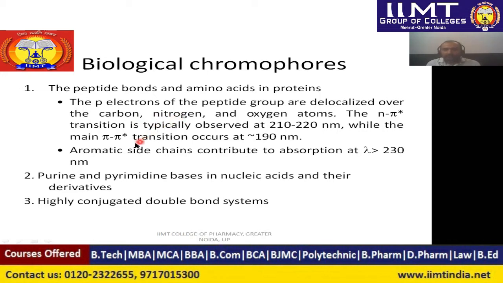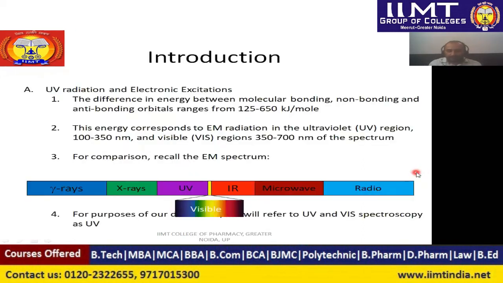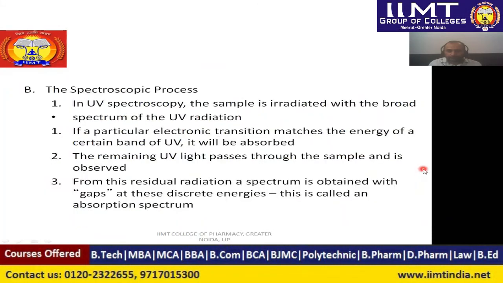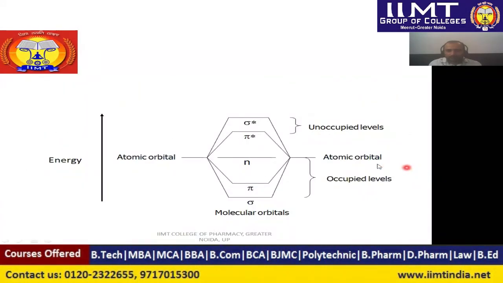Now again, if you go back to your school level, you must have heard about the pi orbital and sigma orbital. In the case of a covalent bond, we all know that there is sigma bonding. So in the next slide, these are basically the molecular orbitals: sigma, pi, n, pi star, and sigma star.